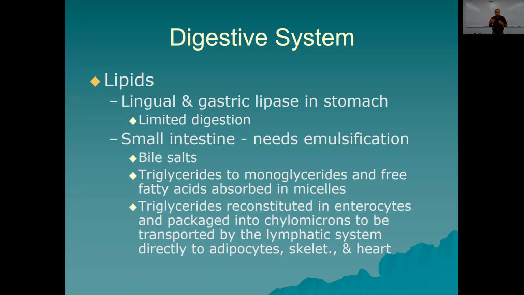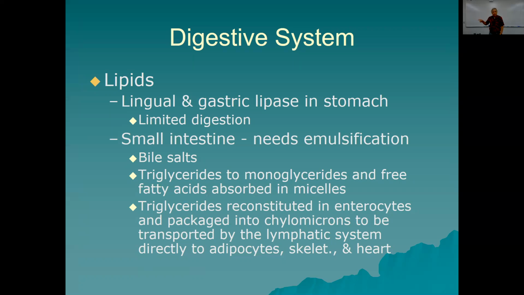Now, an enterocyte is the cell that lines the small intestine. The triglycerides are packaged into protein packages called chylomicrons. And these chylomicrons are exocytosed on the basal part of the enterocyte, put in the interstitial fluid, and they are too big to fit into capillaries, so they're put into the lymphatic capillary.